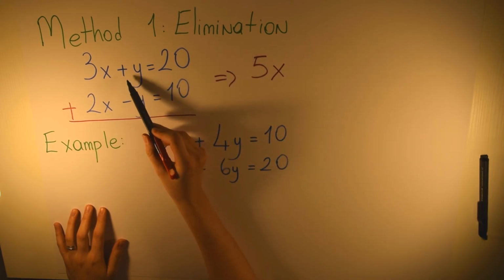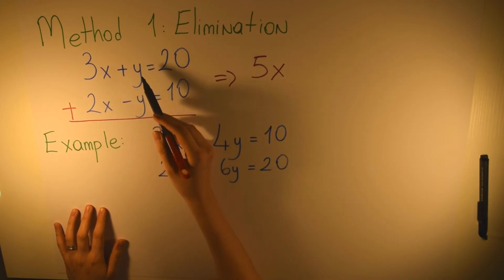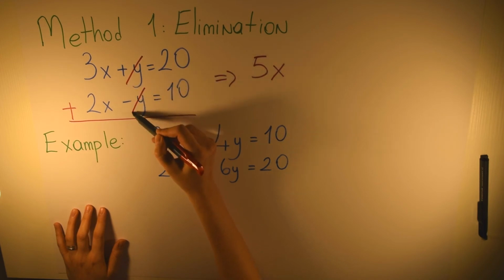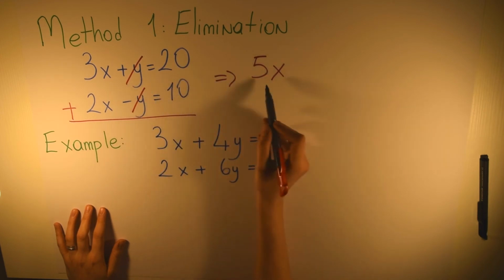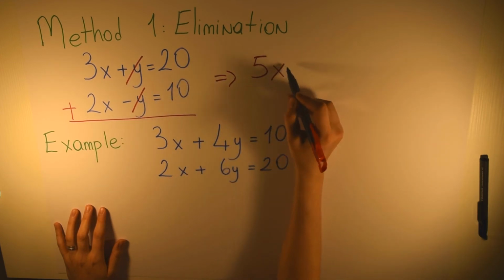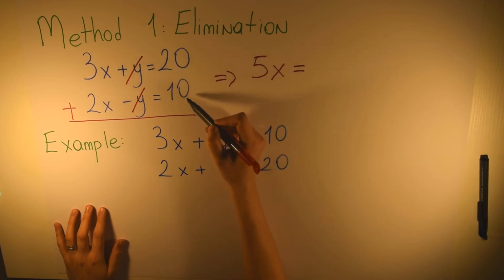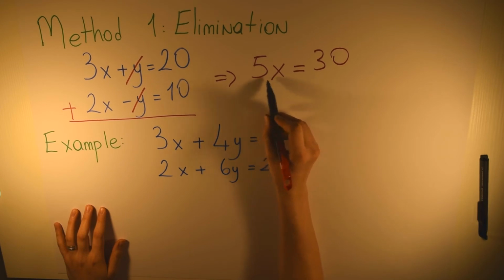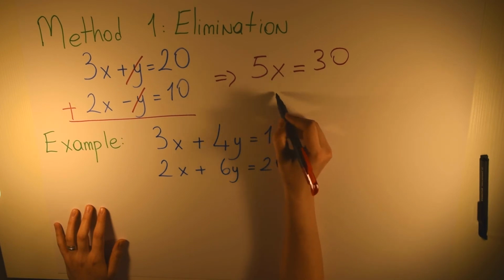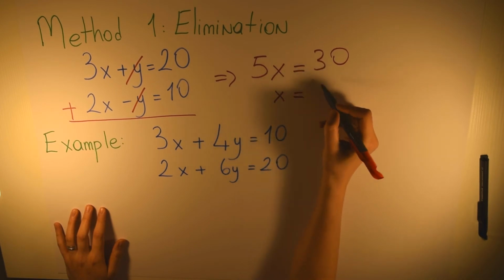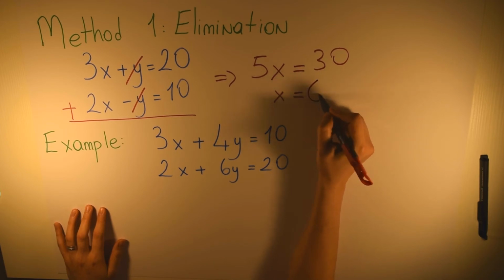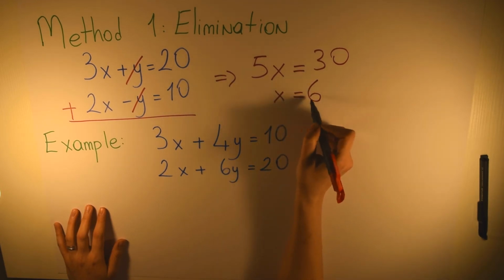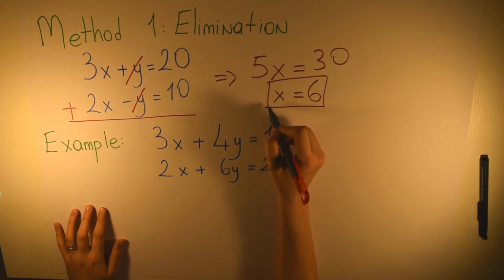But here plus y minus y, they will cancel out each other, and I will just get 5x. So 5x is equal to 20 plus 10, it's equal to 30. And to find x, I divide both sides by 5. When I do that, 30 over 5, I get x as 6. Right? After that, it's very easy.